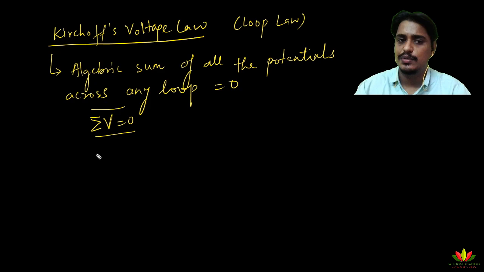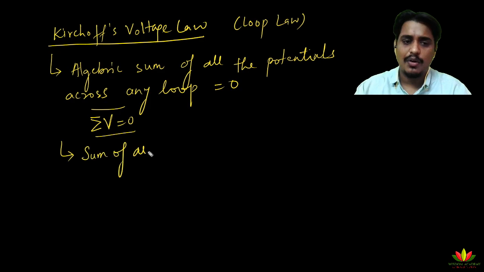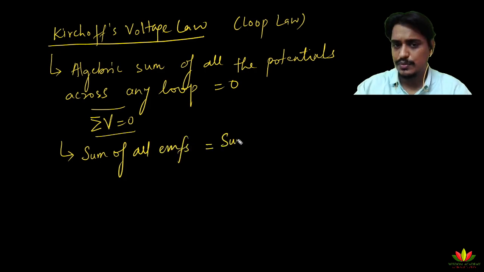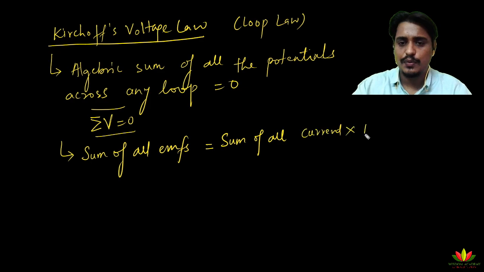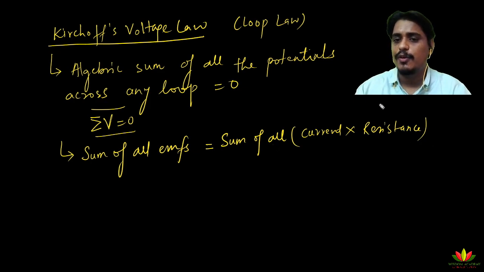In one more way we can write this: the sum of all EMFs is equal to the sum of all current into resistance. We know that I into R gives voltage. So the sum of all the EMFs in a loop will be equal to the sum of all the current into resistances. I'll tell an example, but before that, I will tell the convention, which is very important.